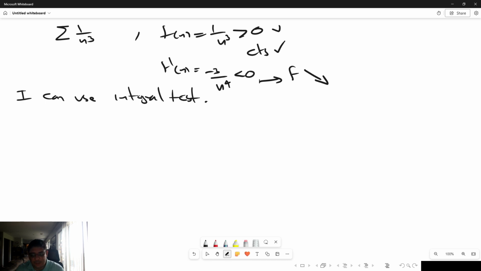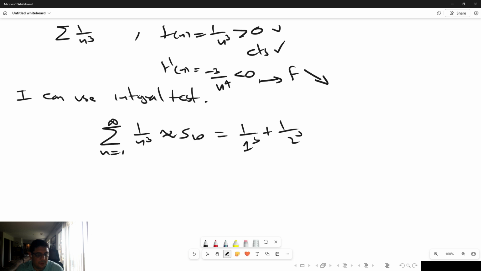To approximate that, the sum from n equals 1 to infinity of 1 over n cubed is approximately S10, which is 1 over 1 cubed plus 1 over 2 cubed plus 1 over 3 cubed, and so on up to 1 over 10 cubed.